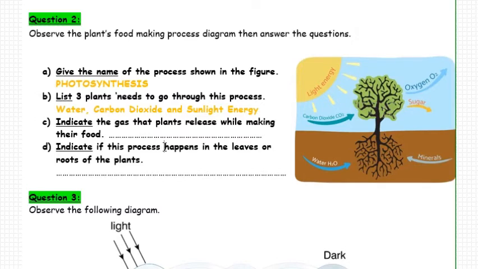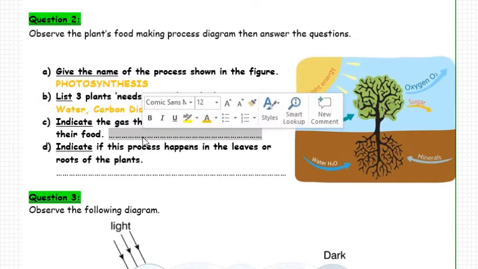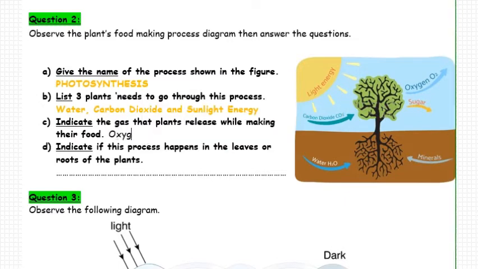They use the energy to combine carbon dioxide and water. They will get their food and they will release the oxygen gas, the O2 gas, to the outside. So the oxygen right here is released to the outside during this process.